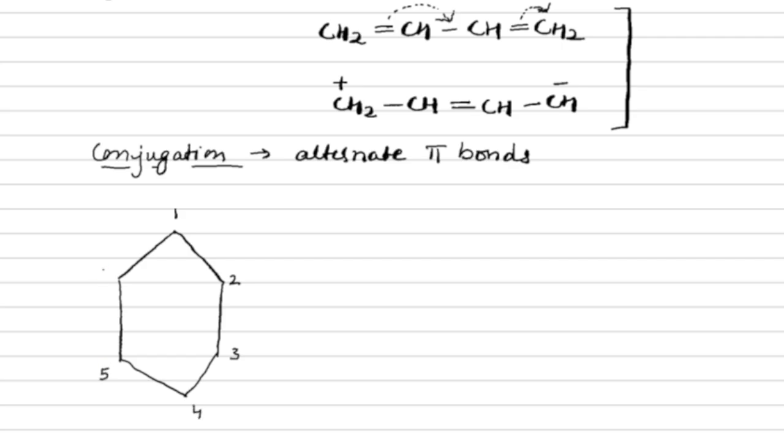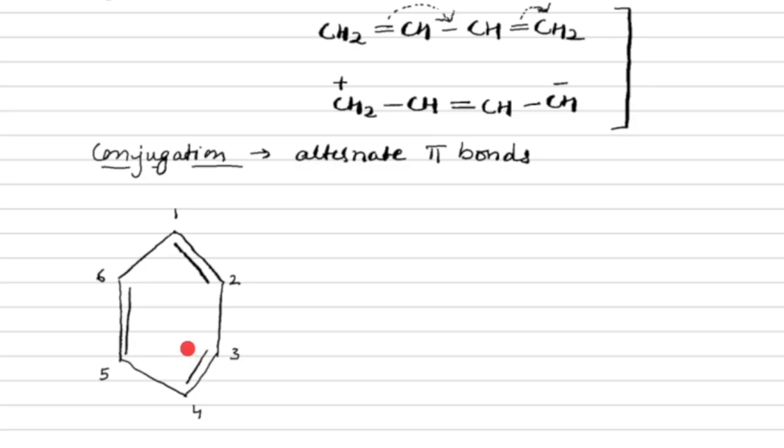There are 6 corners, 6 carbons actually. And now I can show double bonds like that. So this bond is a pi bond, okay? And it will be alternated. We leave this gap and this, leave this gap and this. So the bonds are in conjugation, okay?